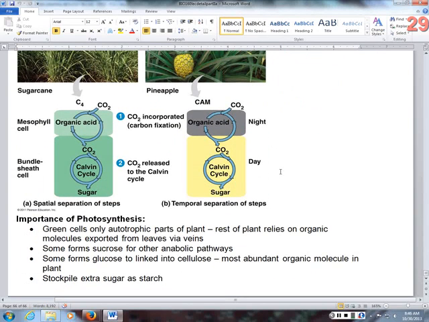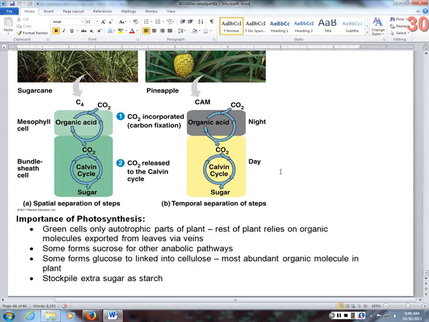So, importance of photosynthesis. It's only the green parts of the plant that do photosynthesis. The rest of it is going to rely on the organic molecules that are produced in the leaves being transported to them. Some are going to form sucrose to go into other anabolic pathways. Some are going to form glucose that gets linked together to make the cellulose.